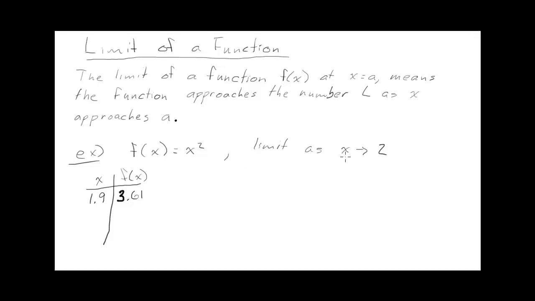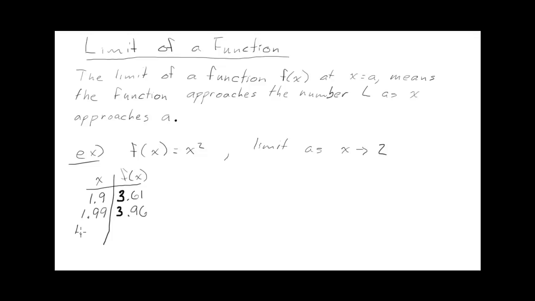But we want to get as close to 2 as we can. We can actually get closer than 1.9. 1.99 is a little bit closer, so if x is 1.99, then this would be 3.96.